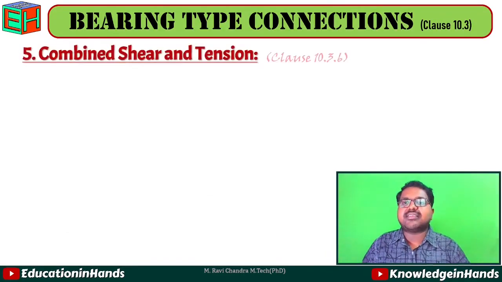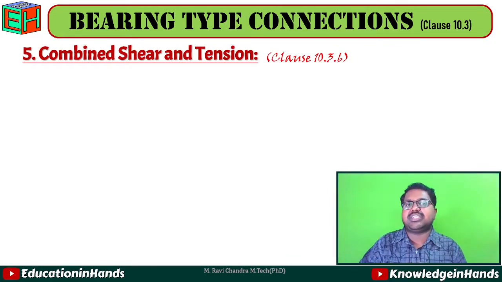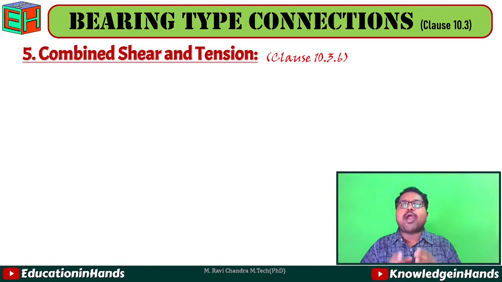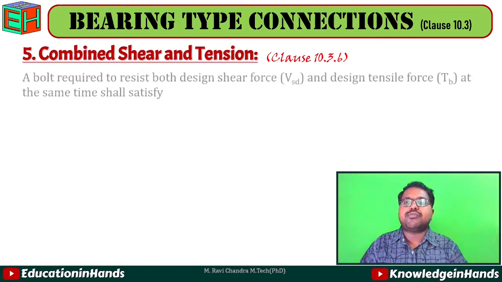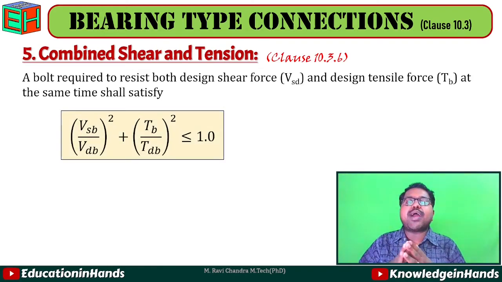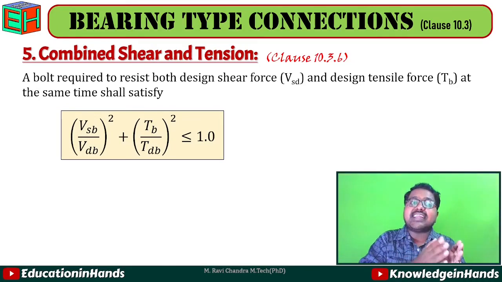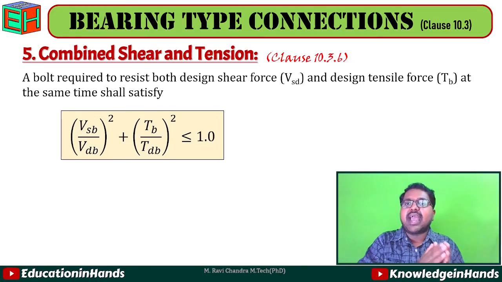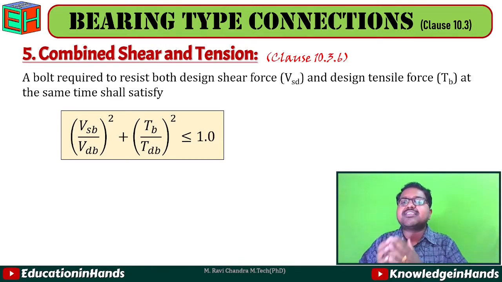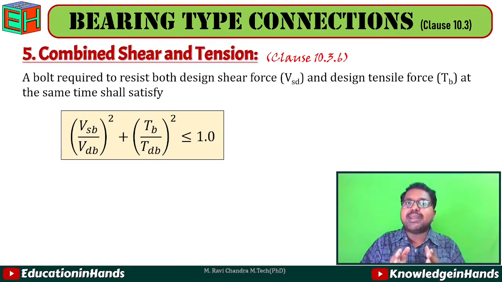And the last one is the combined shear and tension as per clause 10.3.6. A bolt required to resist both design shear force, VSD, and design tensile force, TB, at the same time shall satisfy the condition: VSB by VDB whole square plus TB by TDB whole square should be less than or equal to 1.0.